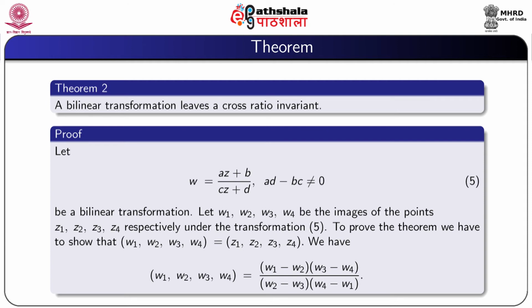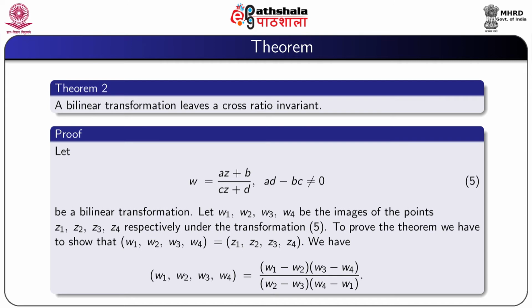Let W1, W2, W3, W4 be the images of the points Z1, Z2, Z3, Z4 respectively under the transformation 1. To prove the theorem, we have to show that the cross ratio of W1, W2, W3, W4 equals the cross ratio of Z1, Z2, Z3, Z4.